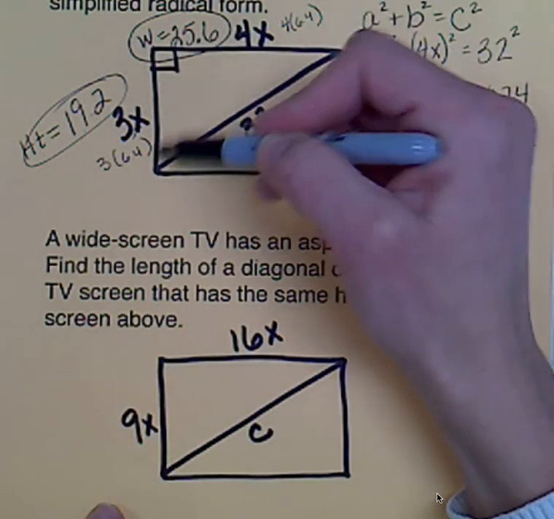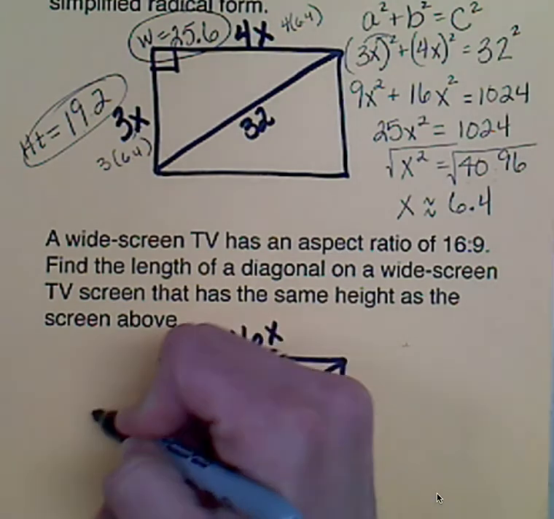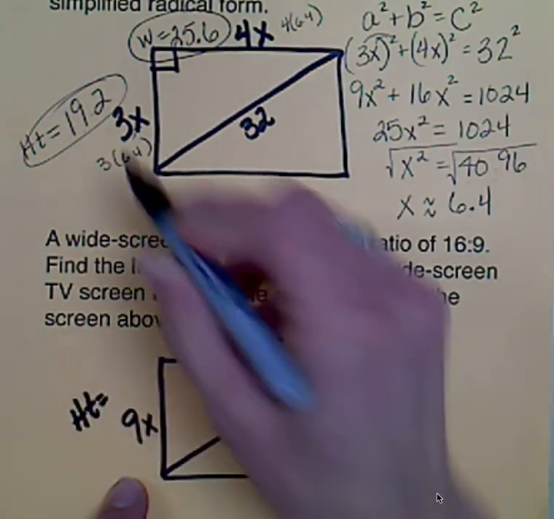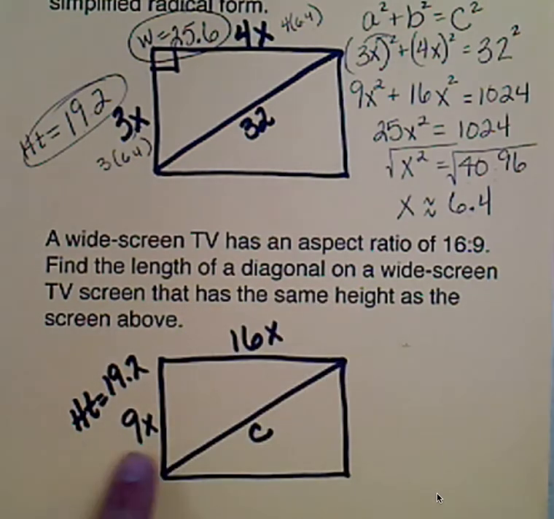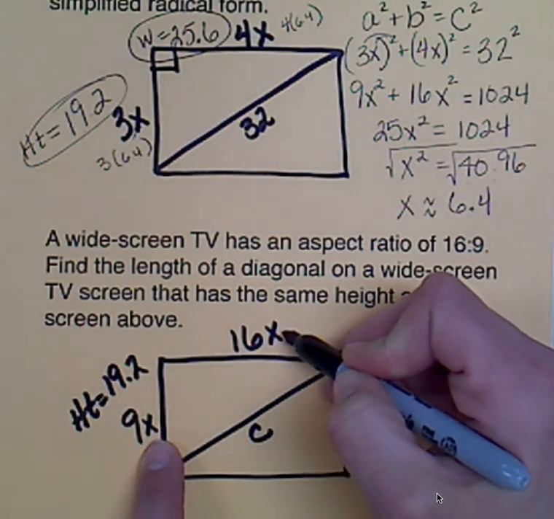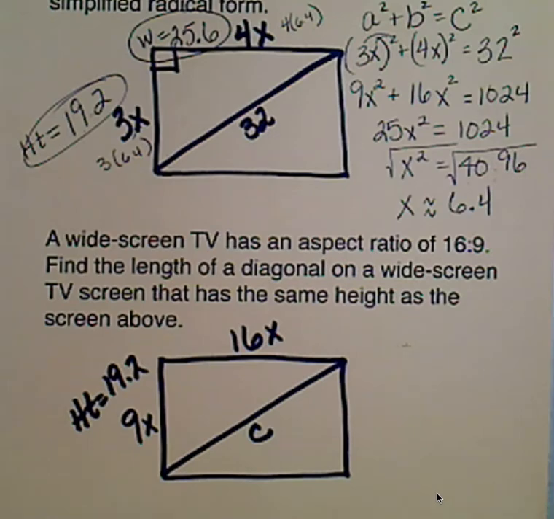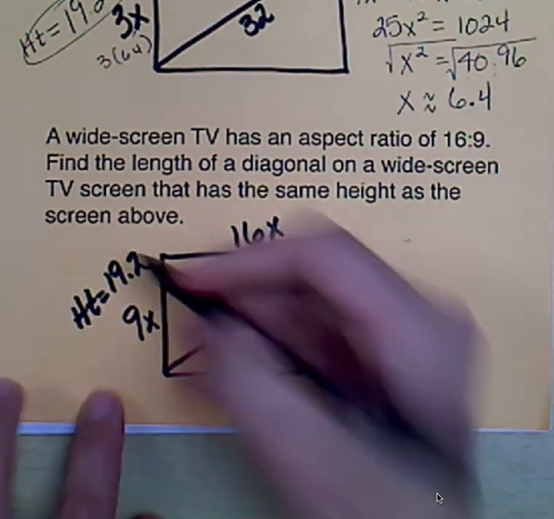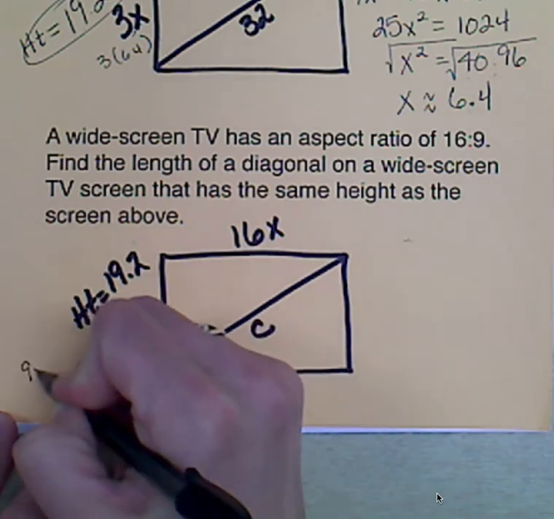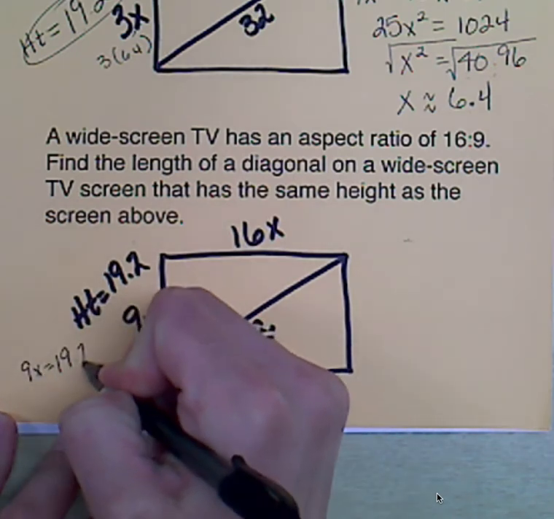So our height here, if the height here is the same as this, 19.2, and they're telling us this is 9x, we can solve for x to know what to plug in here. So before we do the Pythagorean theorem, again, solve for x. 9x equals 19.2.